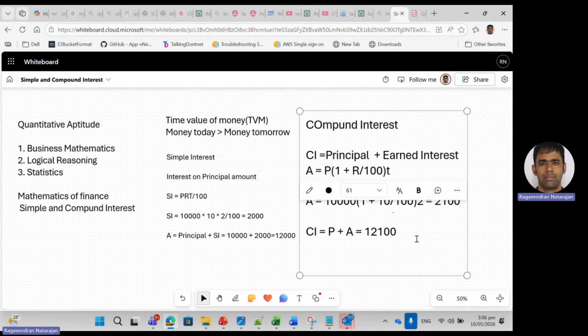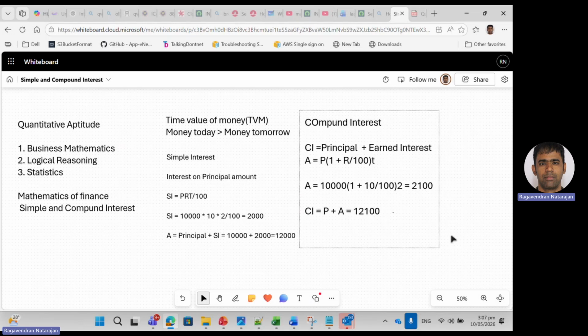So if you see, under compound interest you always earn higher than simple interest for the same time period, the same principal amount and the same interest rate. Again, compound interest is much better than simple interest. In the exam also, you will get more compound interest questions than simple interest.